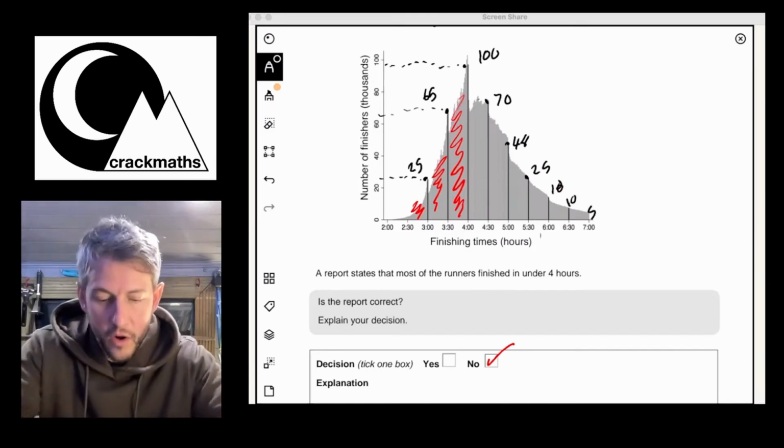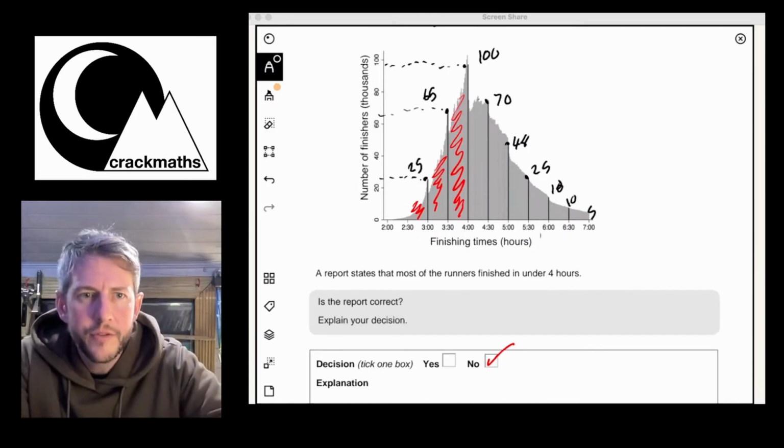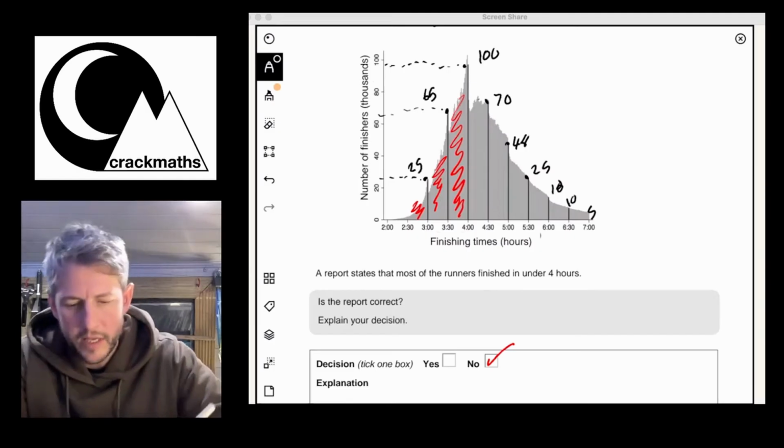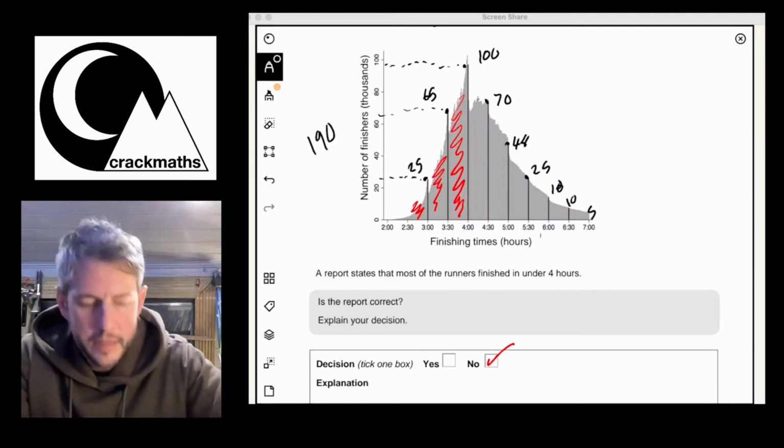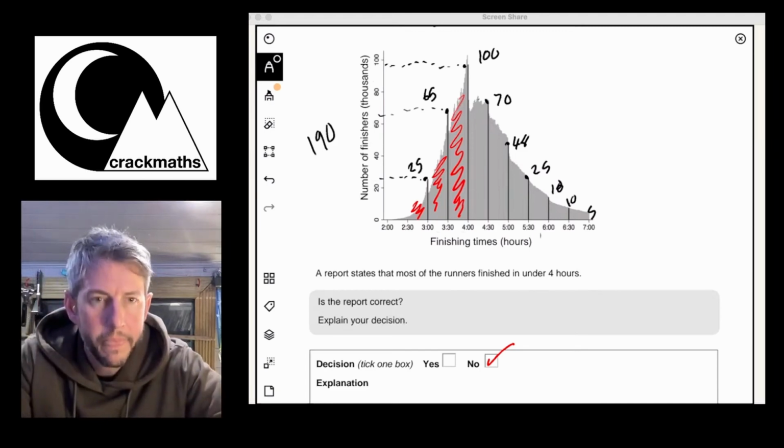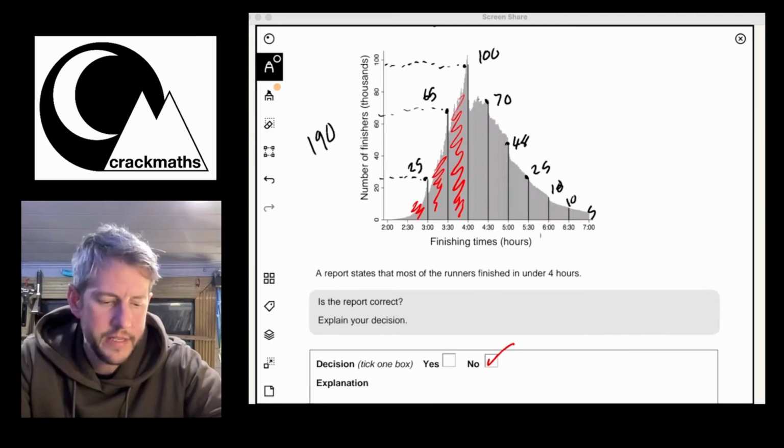Okay, so we can add these up. So 100 plus 65 plus 25 equals 190. And then on this side we've got 70 plus 48 plus 25 plus 10.